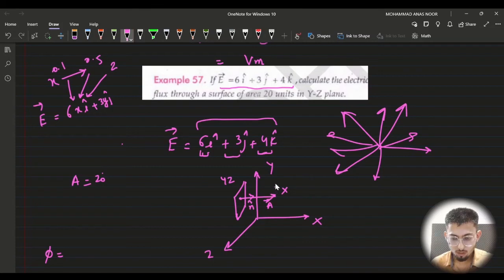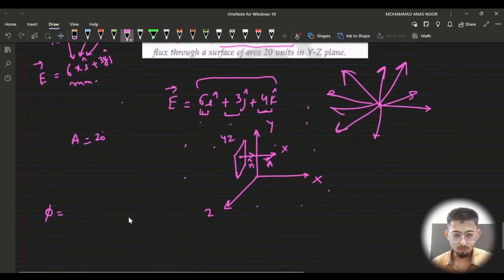No matter where you move in 3D space, it would still be the same. If it varied with the x, y or z distance, that would be non-uniform. This electric field is uniform.